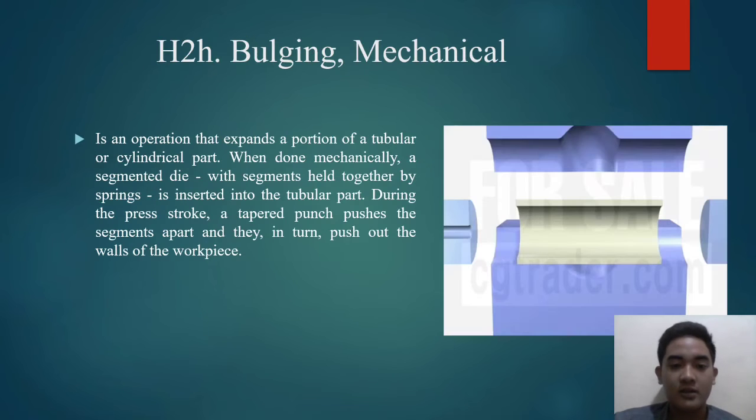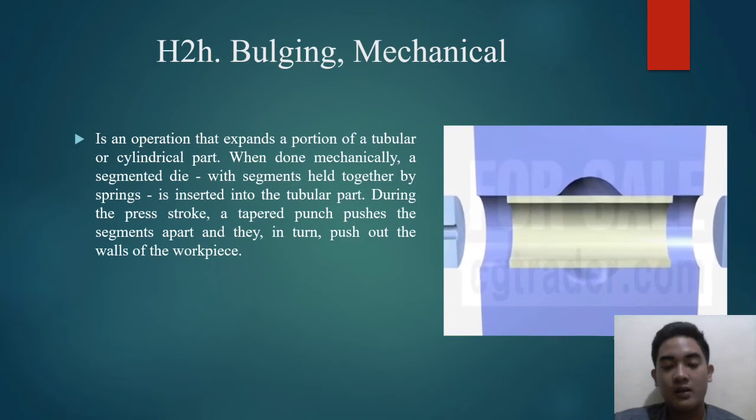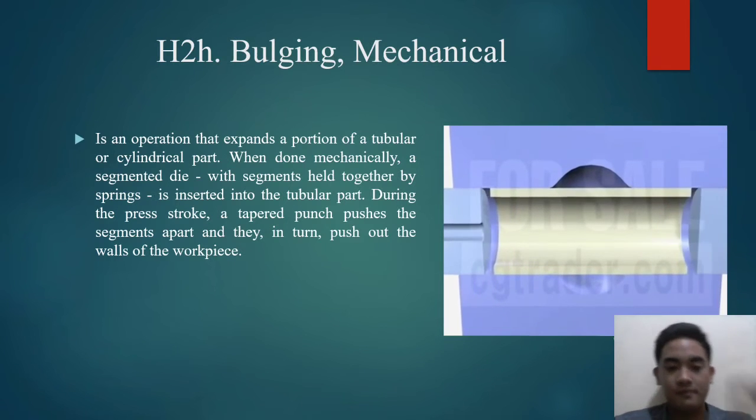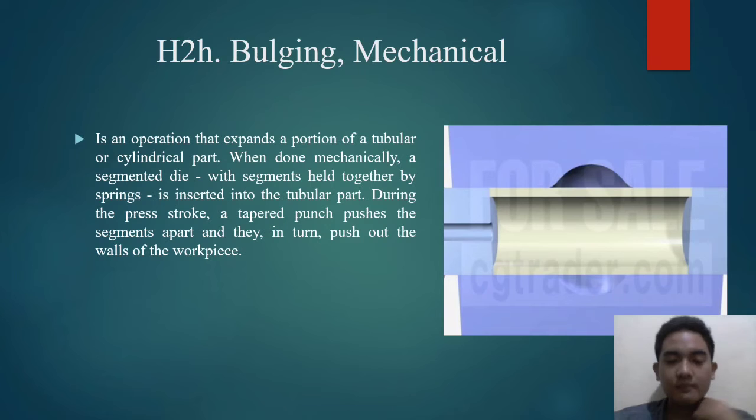Okay, next. Bulging and mechanical is an operation that expands a portion of a tubular or cylindrical part. Okay, this is an example. This is a punch and die.